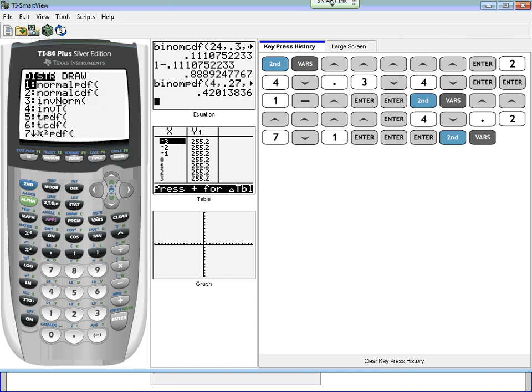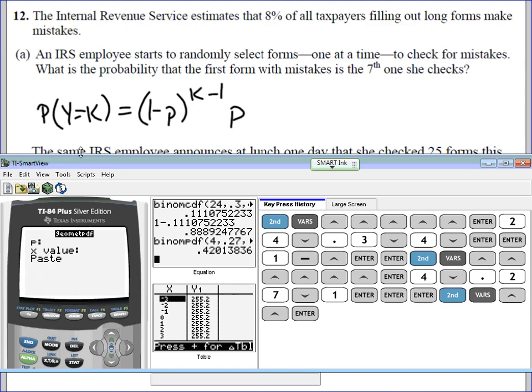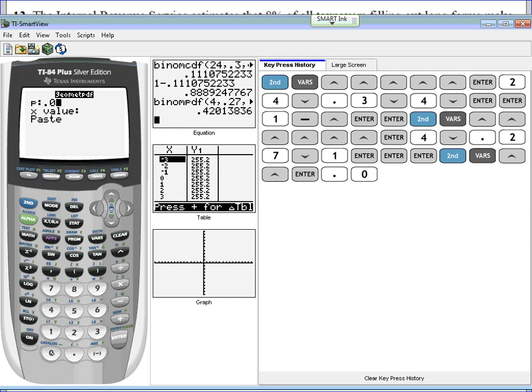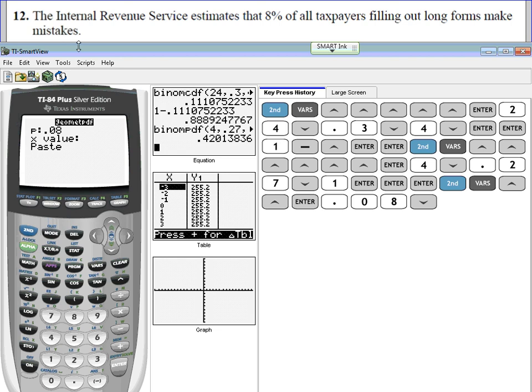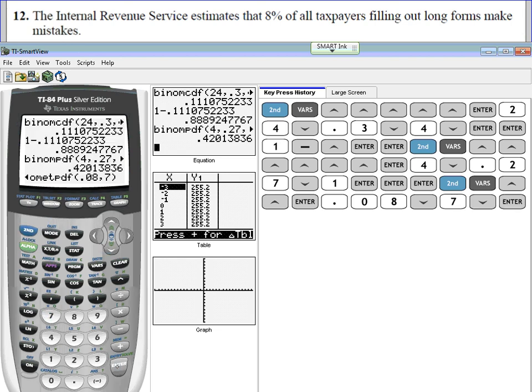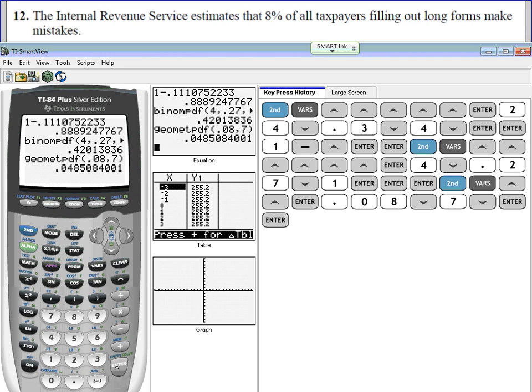You would just go geometric pdf, p-value is 0.08, x value is 7. So our answer is there's a 4.8% chance.